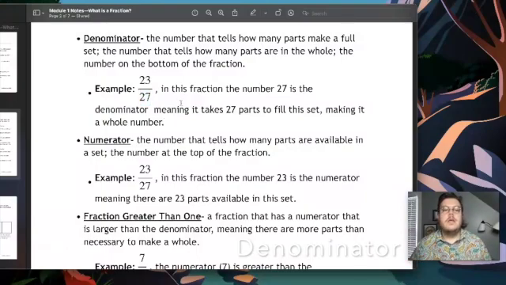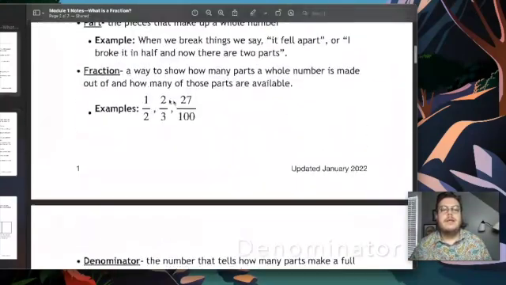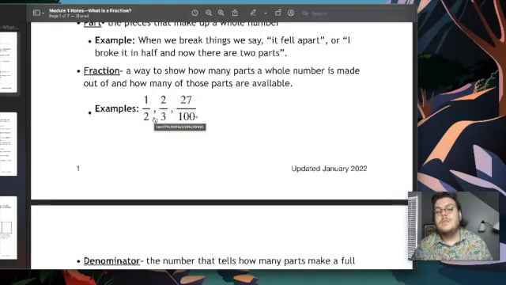In our examples up here then, 1/2 tells us how many parts it's going to be made up of to make a whole. That's going to be 2. Here in 2/3, it's going to take 3 parts to make one whole.